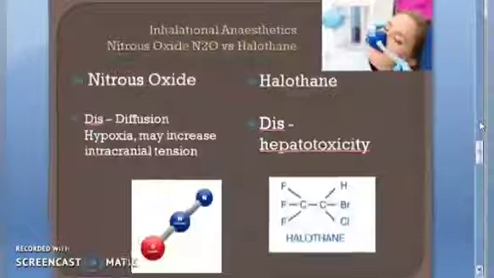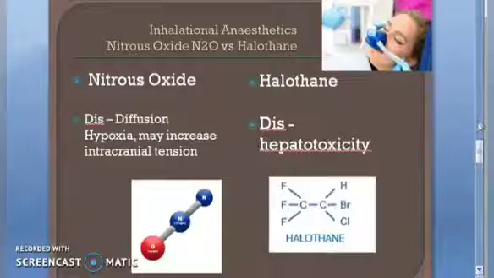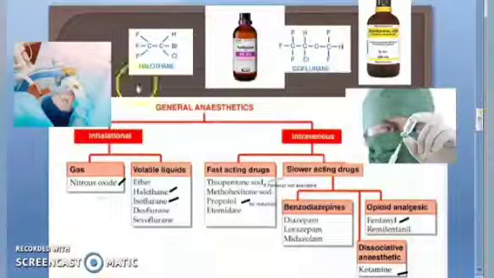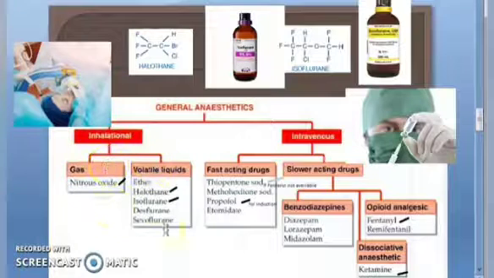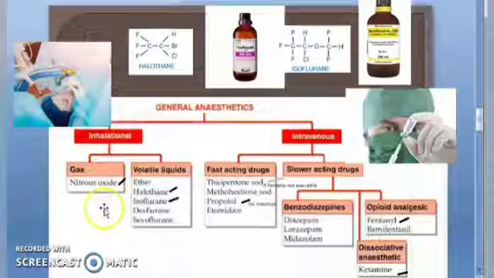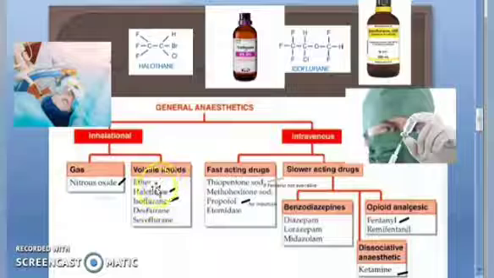What were the other inhalational anesthetics? Let's go back and look at them. Of all the inhalational anesthetics, gas you have nitrous oxide, and volatile liquids you have ether, halothane, isoflurane, desflurane, sevoflurane.